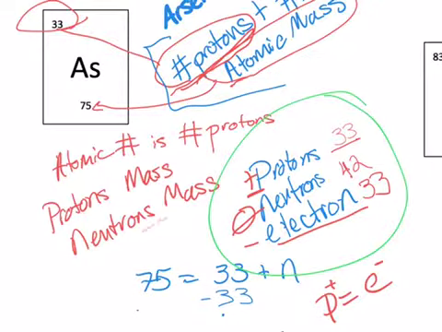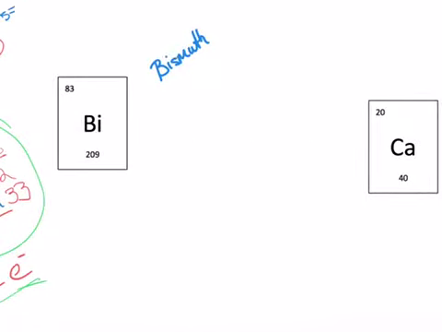Here are the answers. The rest of these I will explain less. Just remember that our protons plus our neutrons equals our atomic mass, and that for this, protons equal electrons. So, moving on to number 2, bismuth. Bismuth is a pretty interesting metal. If you've ever heard of Pepto-Bismol, it's in there. It's used to replace lead in some things, because lead is a heavy metal that can cause medical problems.